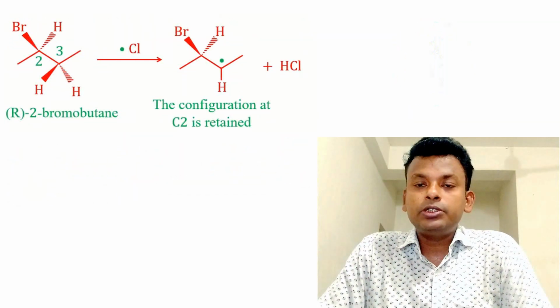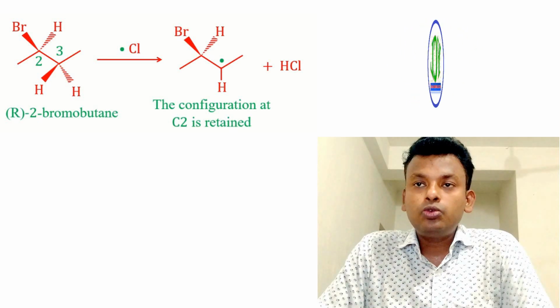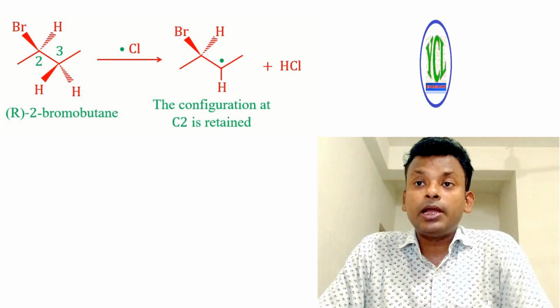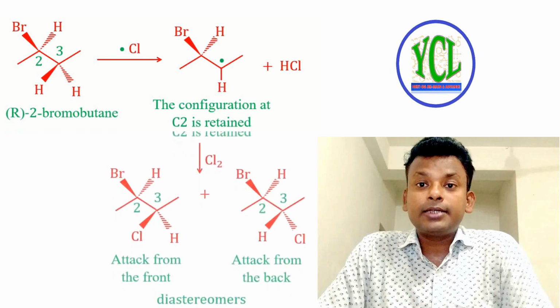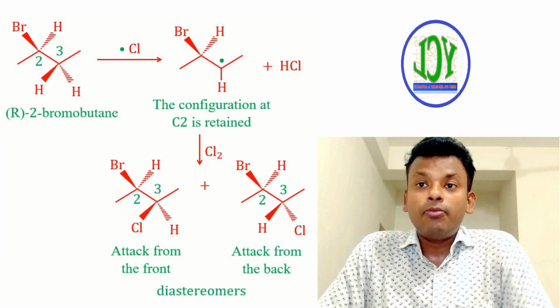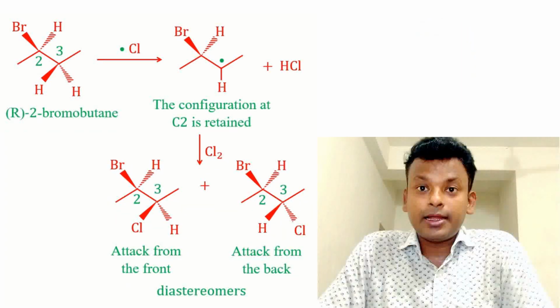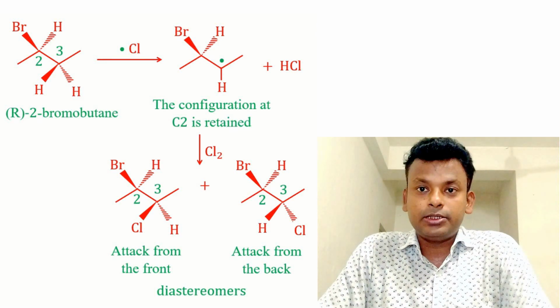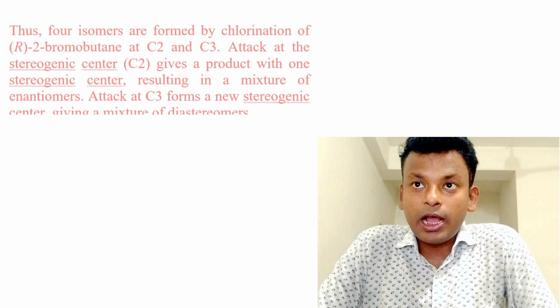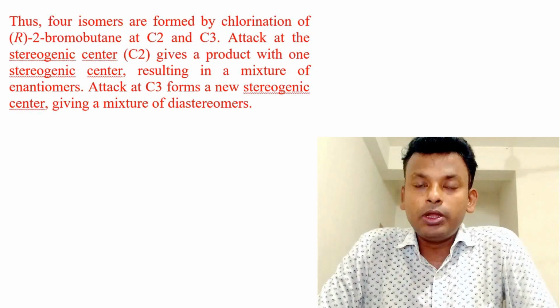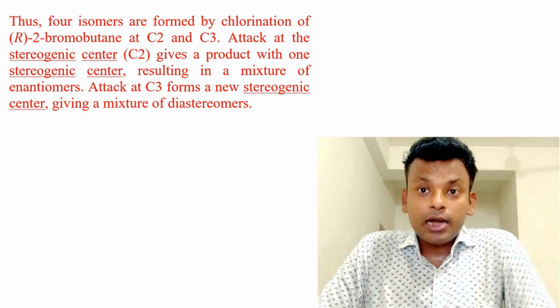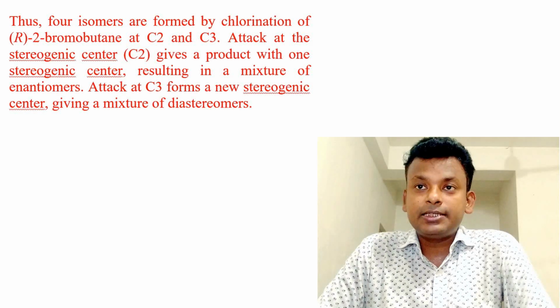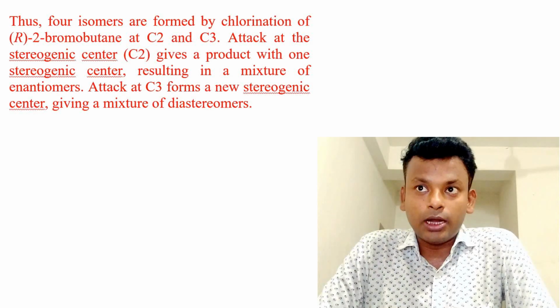R-2-bromobutane reacts with Cl dot to form that product. The configuration at C2 is written, and next Cl2 reacts by back side attack and front side attack, and these products are diastereoisomers. Thus four isomers are formed by the chlorination of R-2-bromobutane at C3 and C2 carbon.